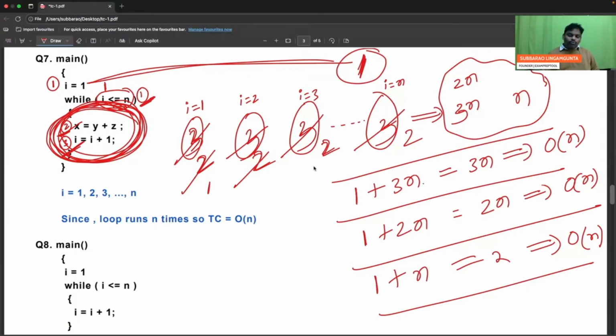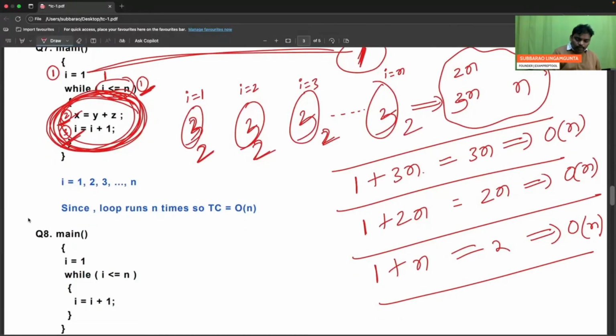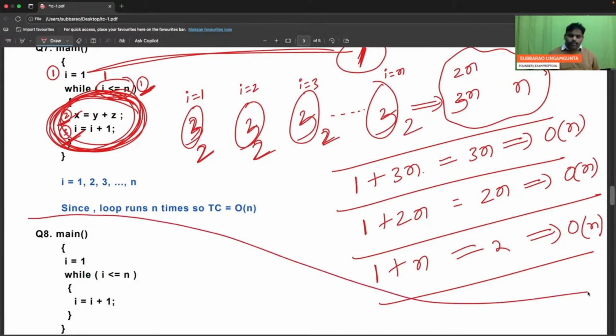Every time is 2, 2, 2, like that, also correct. Every time 3, 3 also correct. All correct. At the end of the day, all will land in the same place: big O of n. So the time complexity of the seventh program is order of n.